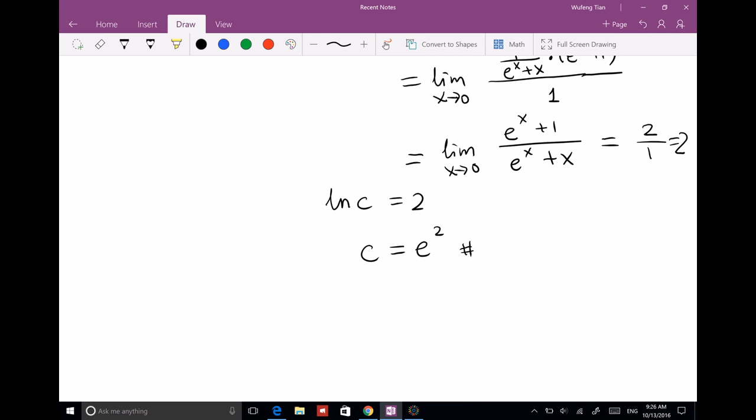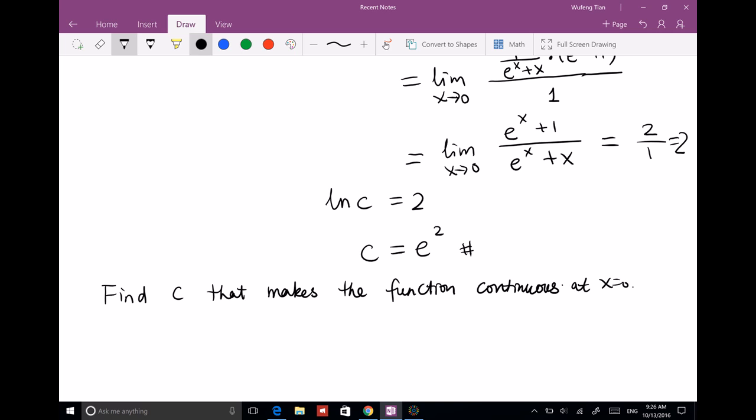Alright, one more example on finding c. Find c that makes the function continuous at x equals 0.